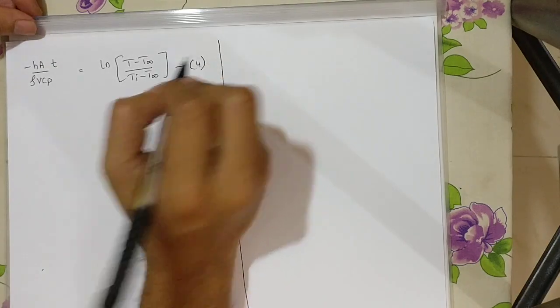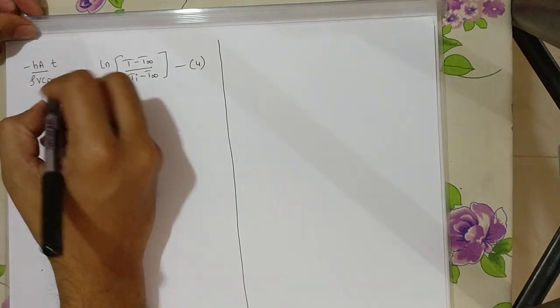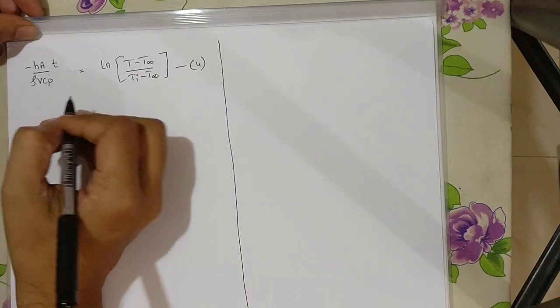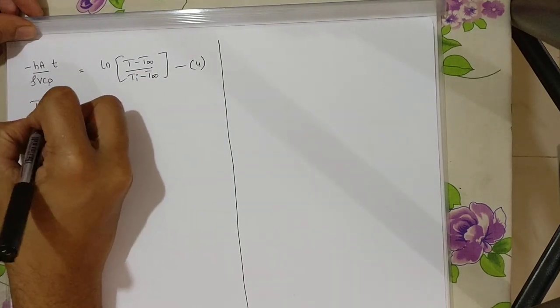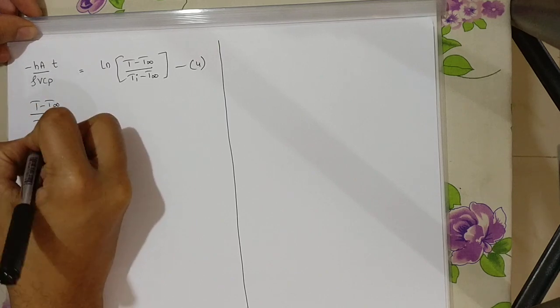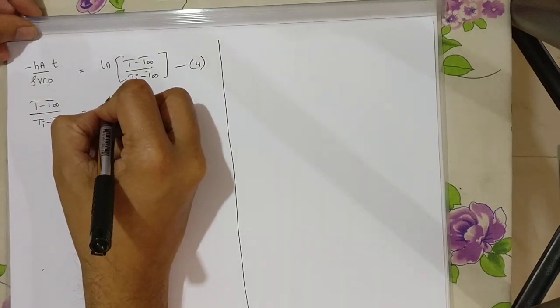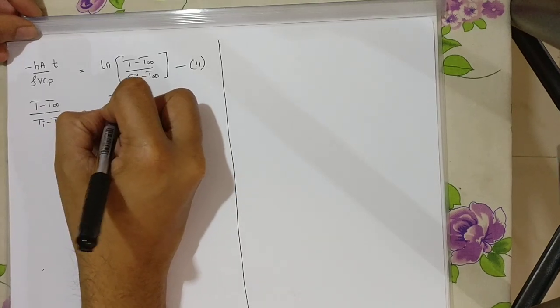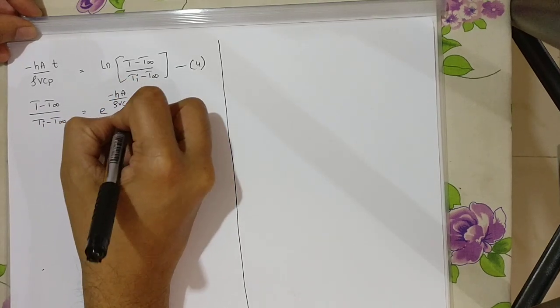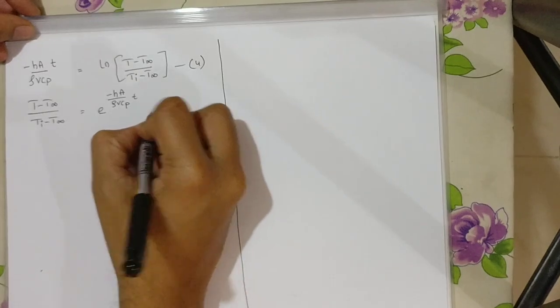Now let me take this ln to the other side, and then it becomes an exponential, right? So (T minus T infinity) divided by (Ti minus T infinity) is equal to e power minus hA_s by rho V Cp times t.